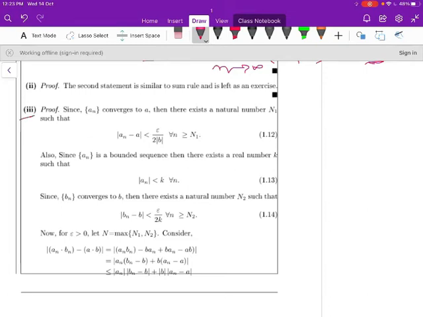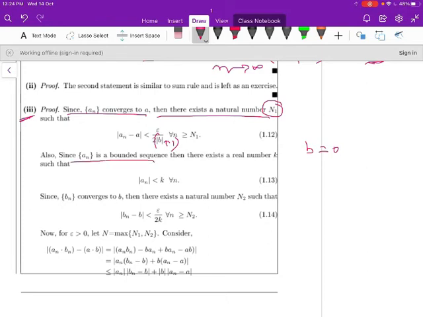Now we'll move to the proof of the third one. Since an converges to a, there exists a positive integer n1 such that modulus of an minus a is less than epsilon by 2 times modulus of b. If b is equal to 0, we cannot define this, so we choose epsilon by 2 times modulus of b plus 1 in the denominator.